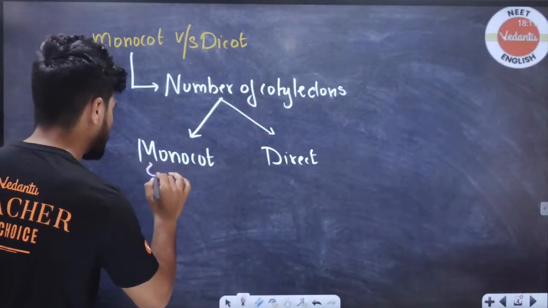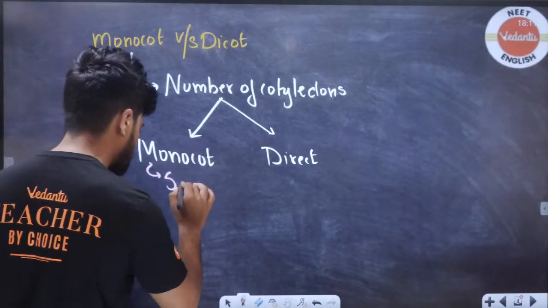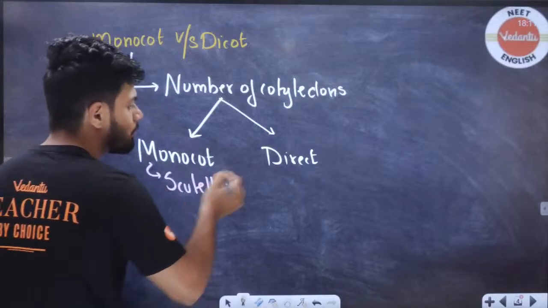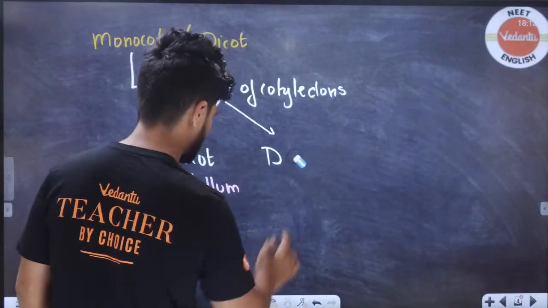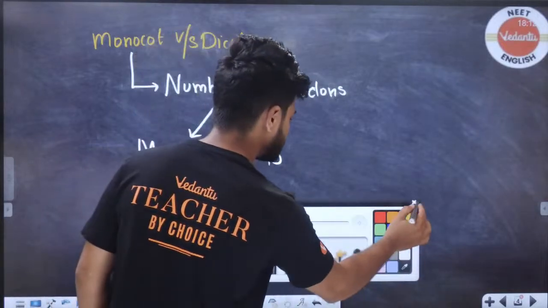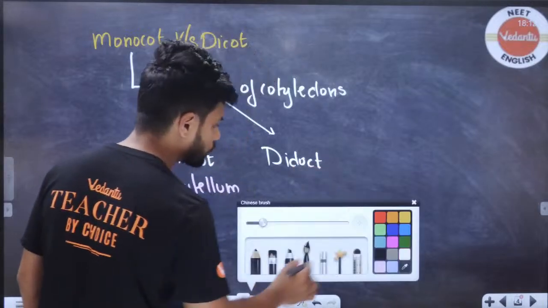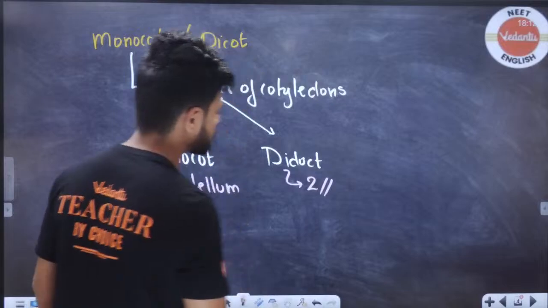In monocot, the single cotyledon is called the scutellum. Yes or no? Scutellum is a single cotyledon. But in the case of dicot, there are two cotyledons.